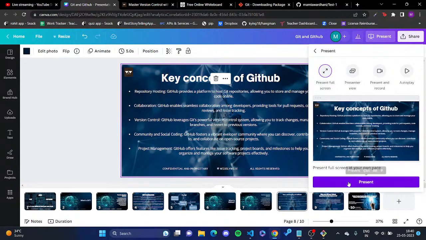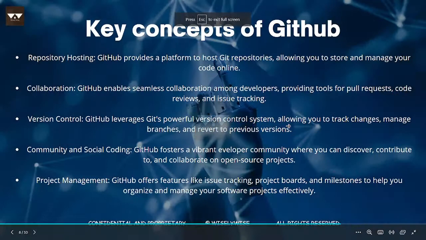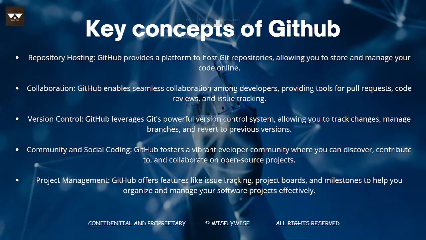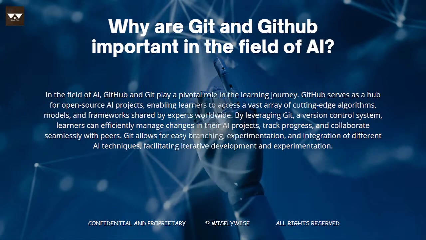So in the field of AI, Git and GitHub, they both play a very vital role in the learning journey. GitHub serves as a hub for open source AI projects, enabling the learners to access a vast array of cutting edge algorithms, models, and frameworks which are shared by the experts throughout the world. By leveraging Git, a version control system, learners can efficiently manage changes in their AI project, track progress, and collaborate seamlessly with peers.